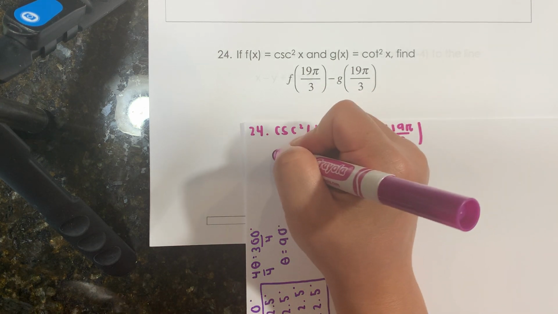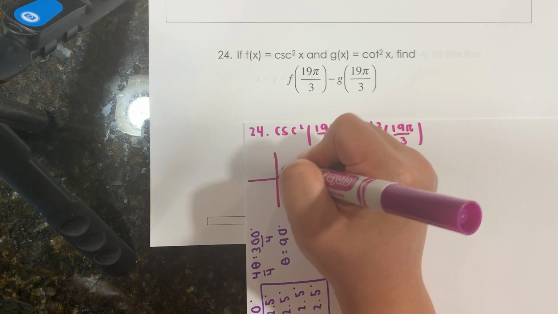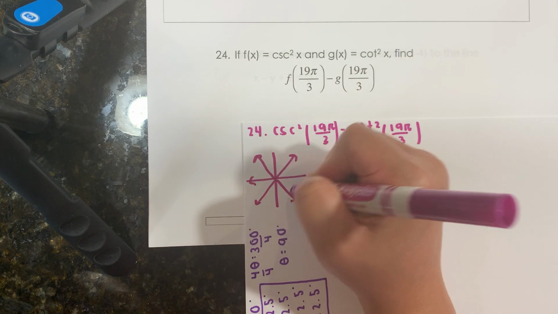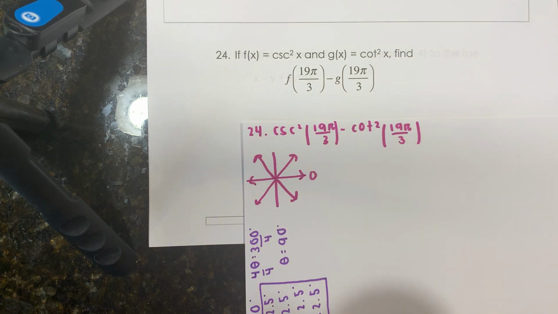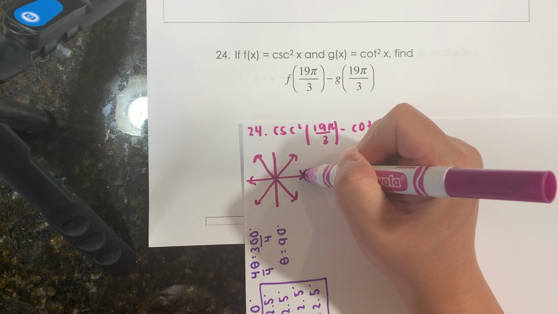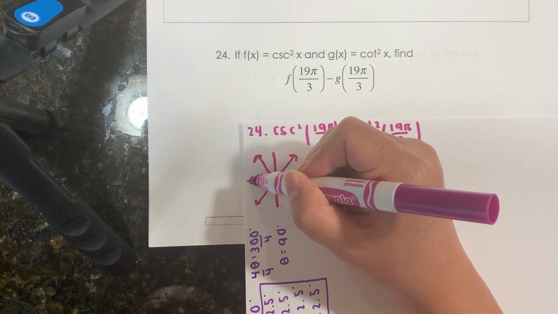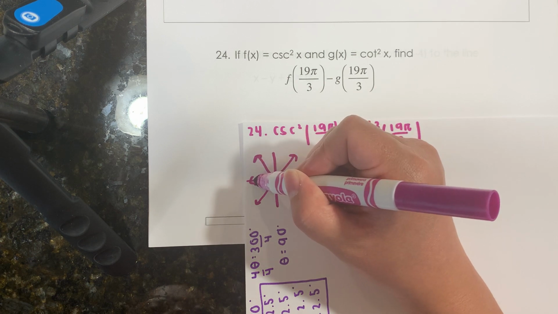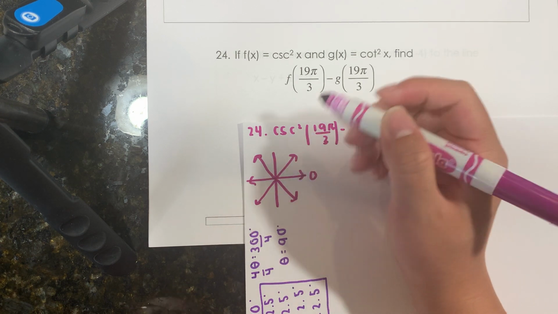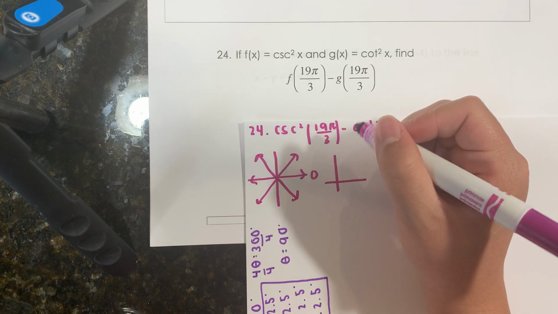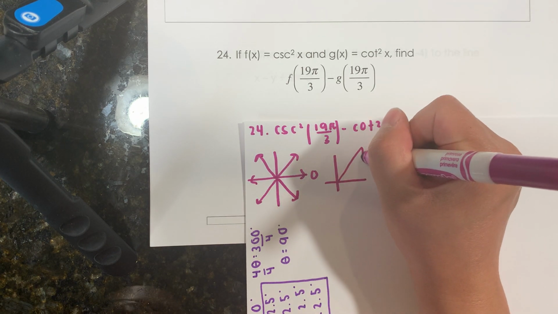Now if I count 19, so this would be 1, 2, and 3, then 1, 2, and 3. Starting at 0, this is going to be 1, 2, 3, 4, 5, 6, 7, 8, 9, 10, 11, 12, 13, 14, 15, 16, 17, 18, 19. Puts me back in quadrant 1, and that's going to be a 60-degree angle.